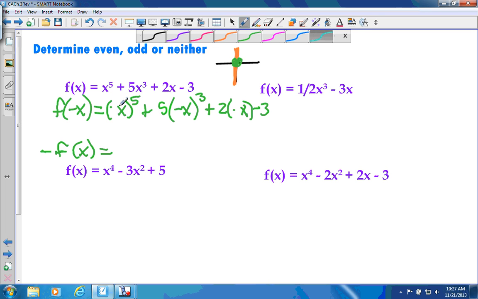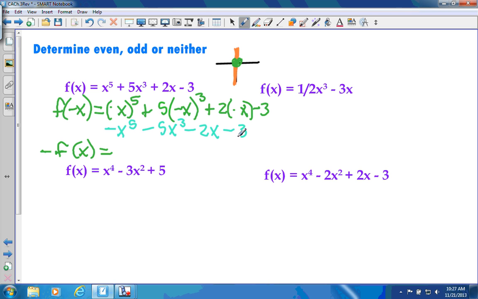So doing this, that's going to become a negative x to the fifth. That's going to be a negative 5x to the third. That's going to be a negative 2x and minus 3. This is not the same as that, so it's not even, because for it to be even, these two things have to be the same.